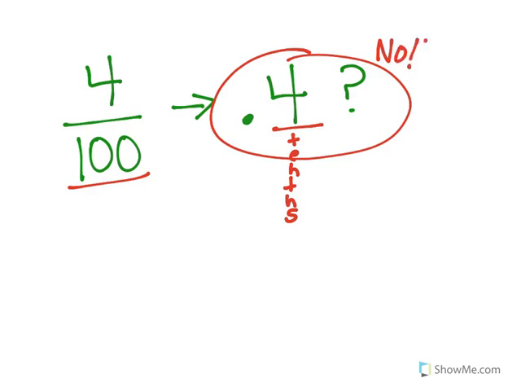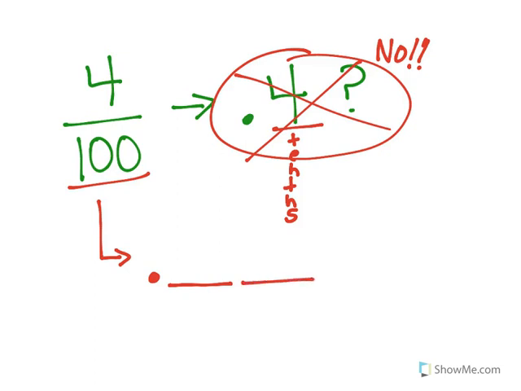The answer is no, I did not. So this would not be correct. To be able to do this, I would need to do my decimal point, tenths, hundredths place, and then I write 4 above the hundredths place, and I fill this in with a 0.